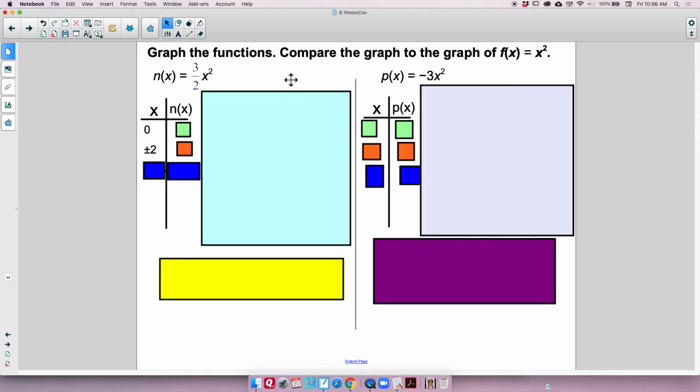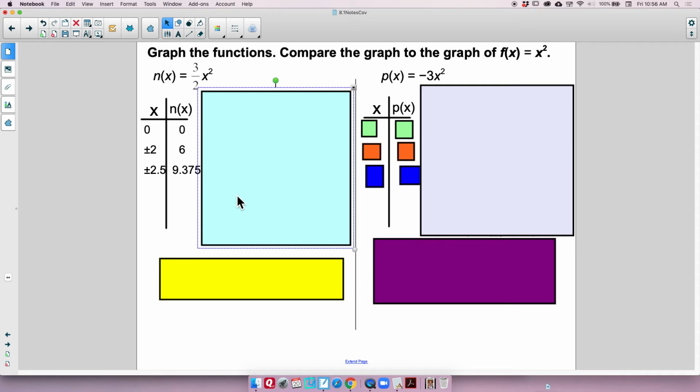All right, 3/2 x squared. Go ahead and try these. So obviously 0. If I plug in a 2 or a -2, I'm going to get 4 when I square it, and then 3/2 times 4 gets me 6. You can pick any other number, but obviously it's going to get pretty big pretty quickly. I used 2.5, and if I use 2.5, I get 9.375.